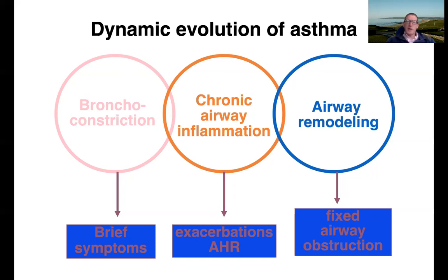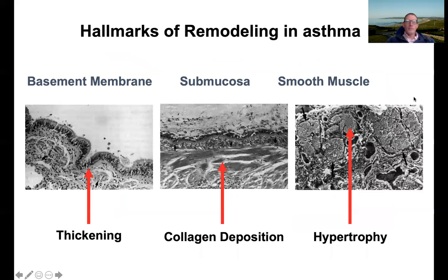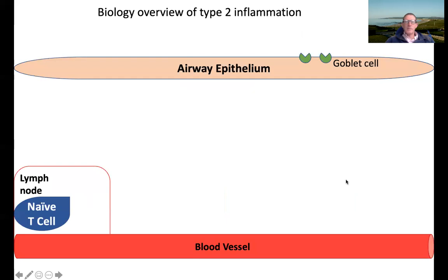And then you've got fixed airway obstruction. And these are just some of the pathological hallmarks of remodeling in asthma, and I'm sure you'll get a separate lecture. Basically, thickening of the basement membrane, laying down of collagen in the mucosa and submucosa, and smooth muscle hypertrophy as well. And that's late stage severe persistent asthma.